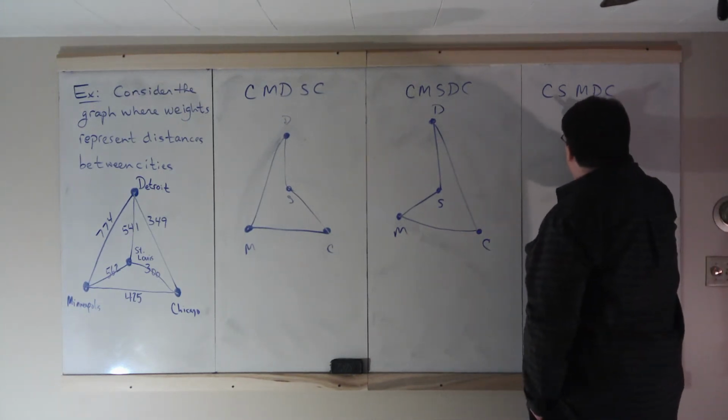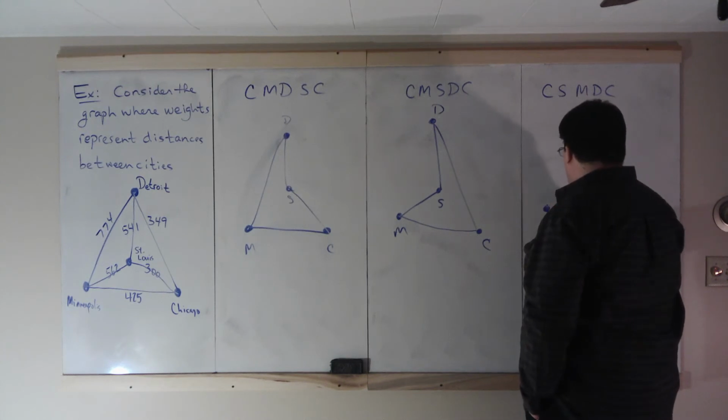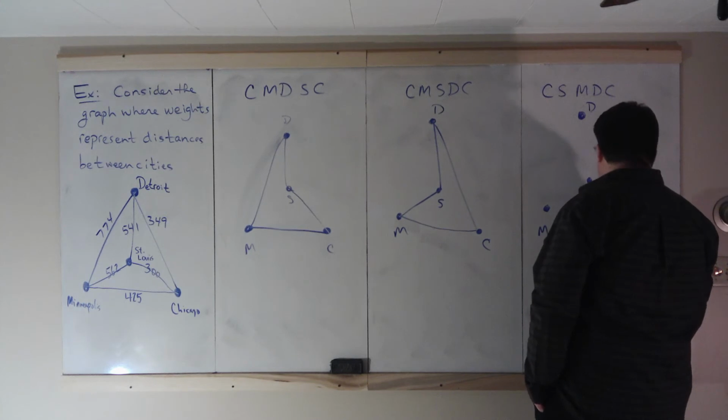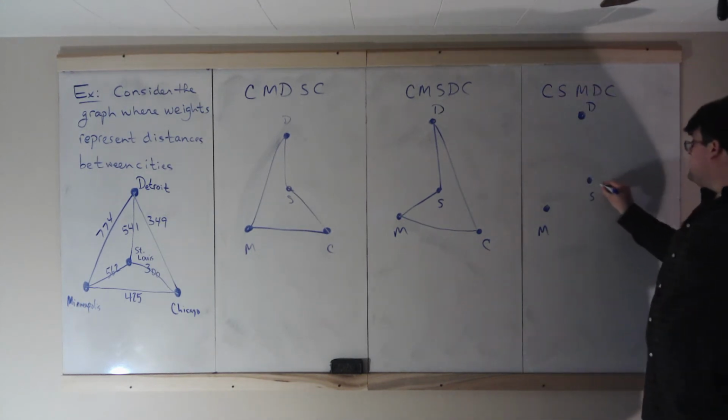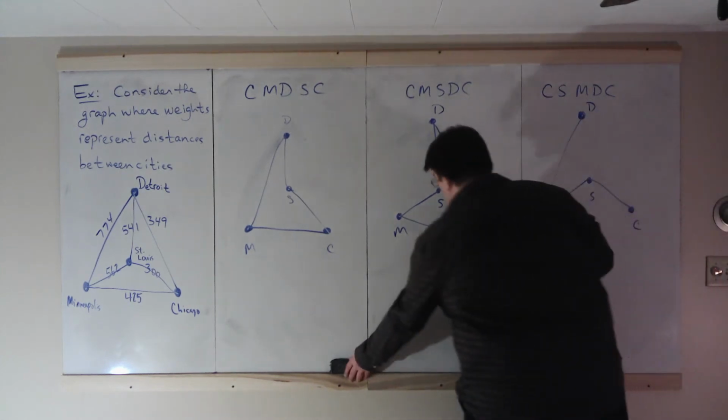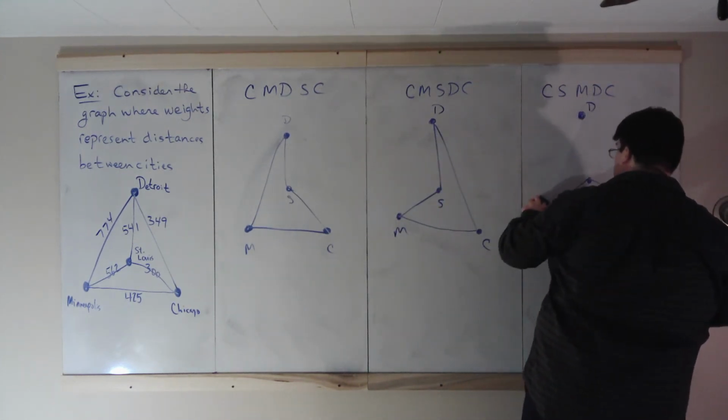And here we have the 3rd different one. So D is up there, M, S, and C. So C to S to M to D.